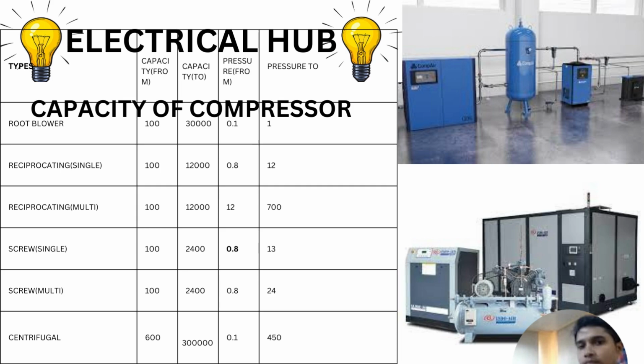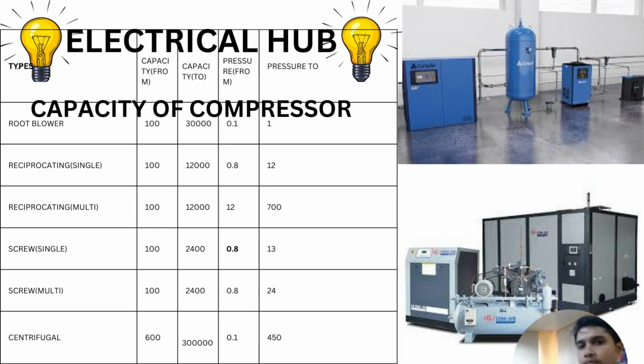Its capacity is from 100 to 30,000 CFM and the pressure is 0.1 to 1 bar, while the reciprocating single stage is from 100 to 12,000 while the pressure is from 0.8 to 12 bar. But the reciprocating multi-stage, as we have discussed before, is for higher capacity. Here the pressure goes from 12 to 700 bar.